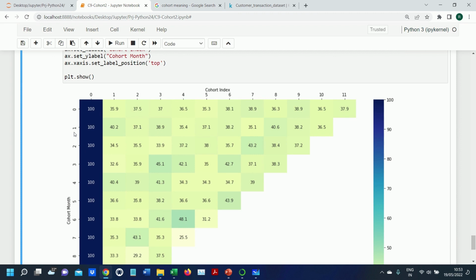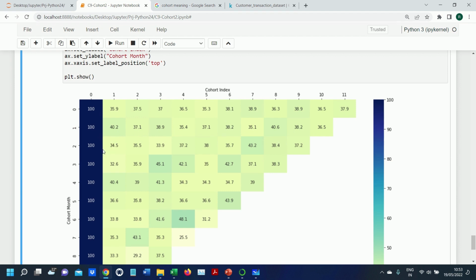Whereas the second cohort who joined the business in month 1, that's February, showed more purchases in the next month, but slowly it went down. Of course they are also a little stable after that, but there is a very good steep rise in the subsequent month.